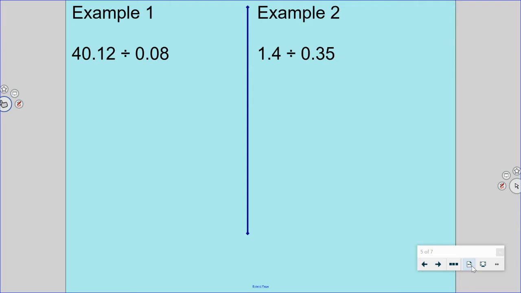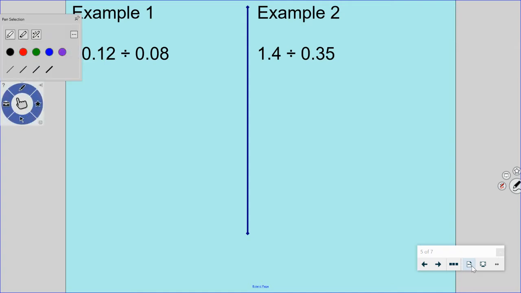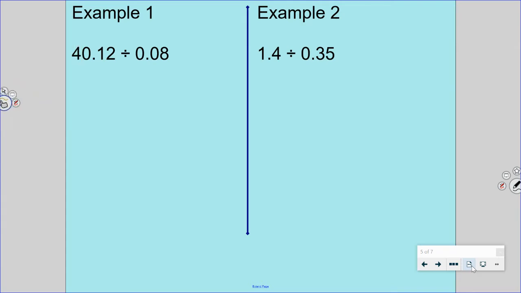Now, really, when it comes to the division of decimals, I need you to focus on 1. That might sound a little weird, but I need you to focus on 1.